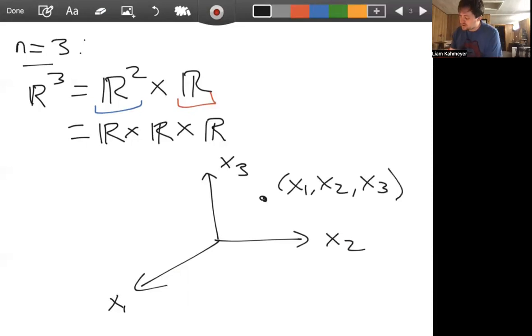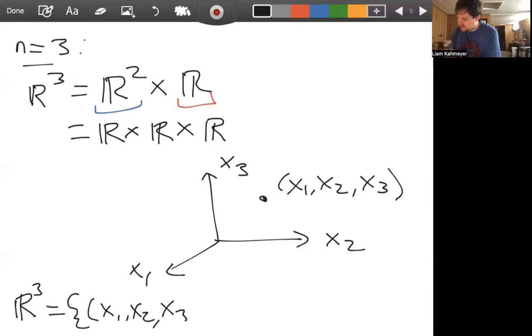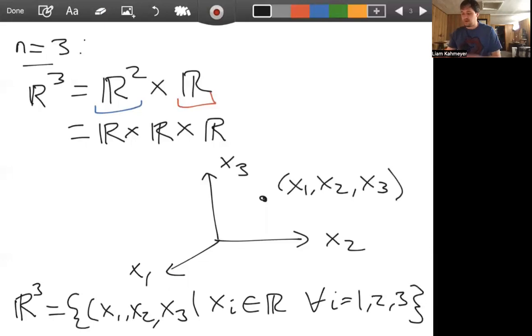If you would like an explicit description of R3, R3 would be the set of points (X1, X2, X3) such that Xi is an element of R for all i between 1 and 3, right? So this is just a description of the collection of points in three-dimensional space, which makes up our Euclidean space here.